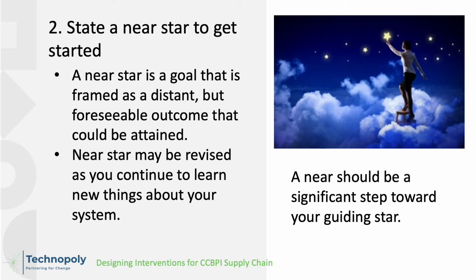It is something that you wish to attain in a closer period, and near stars act as a guiding step rather than an end step. Take note that near stars are not necessarily fixed. They can be revised, they can change, they can adapt as you discover new things about your system. But the guiding star remains the same.